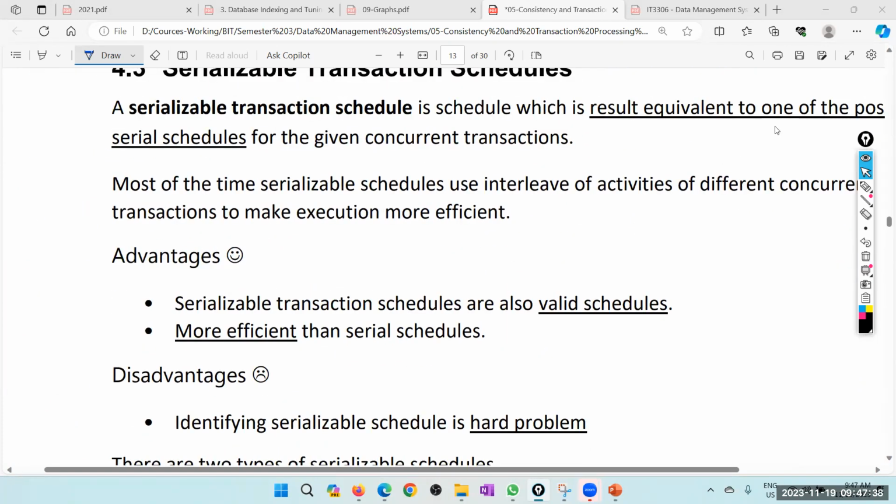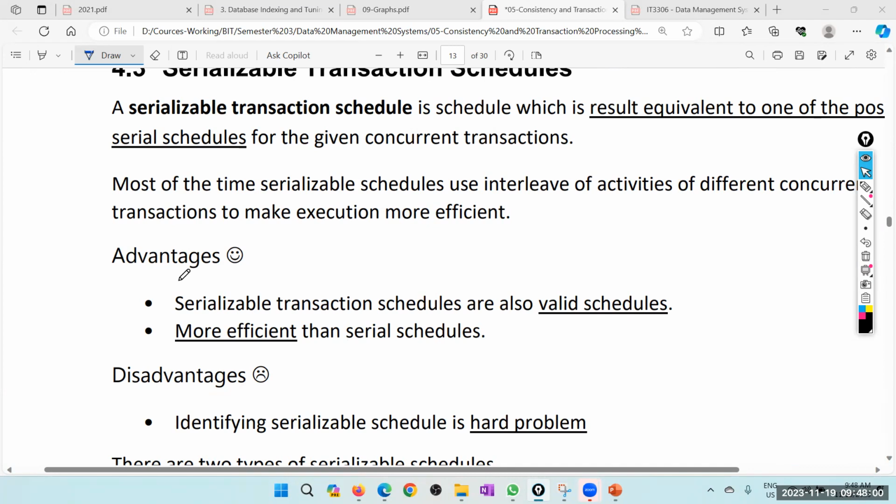Right. But the only thing is the serial transactions are not efficient because we do one transaction and then go to the next transaction. It may not be the most efficient. It may take more time for some transactions. Some transactions are waiting a long time.